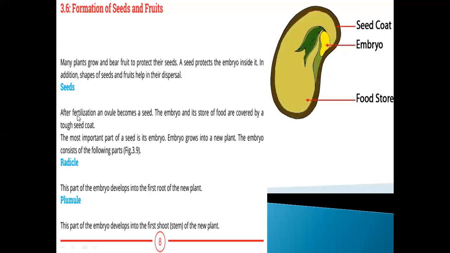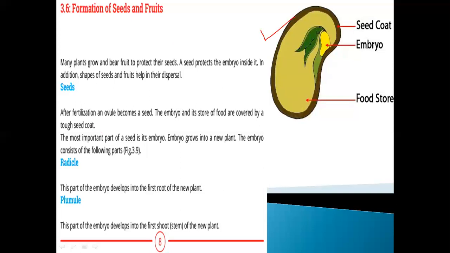So if you see here, after fertilization, an ovule becomes a seed. The embryo and its store of food are covered by a tough seed coat. If you see, this is a seed.